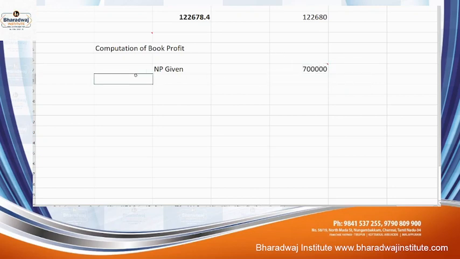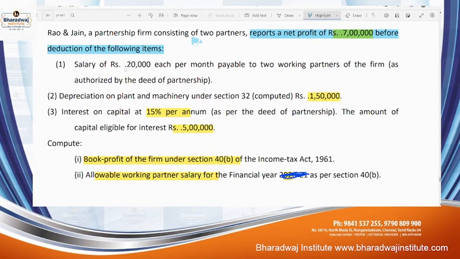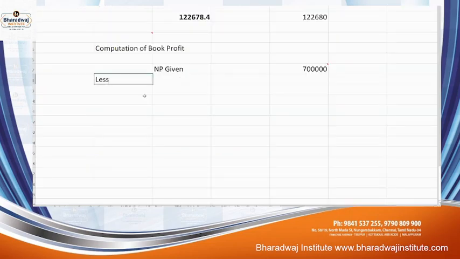Less. If it is allowable, you deduct it. Salary, only then can you claim. Depreciation we can claim. What is the depreciation as per section 32? 1,50,000. Less allowable interest.